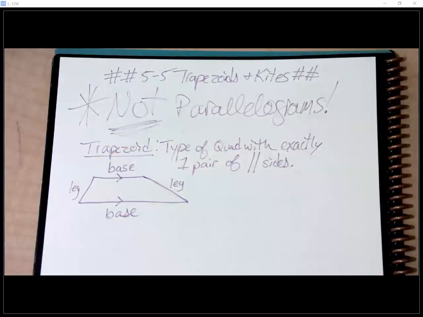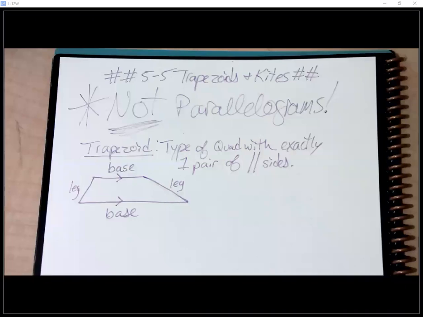Now, if you happen to have a trapezoid where the legs are equal to each other, we have a crazy name for that. Go ahead. I was going to say regular trapezoid instead of basic. You're close. It's not regular, but it is a word that you know. It's isosceles.